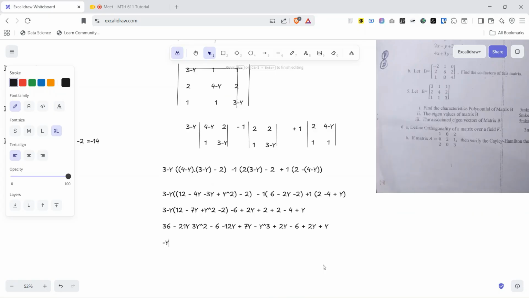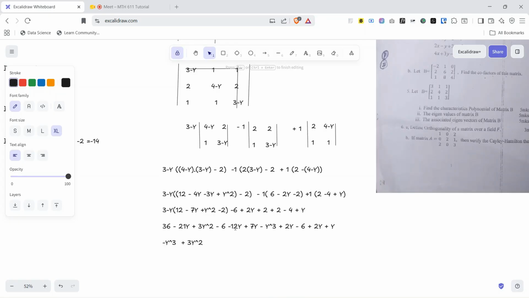We would have minus lambda raised to power 3, then 36 minus 21, plus 3 lambda squared. We've dealt with lambda squared. So now let's deal with all the lambda terms.